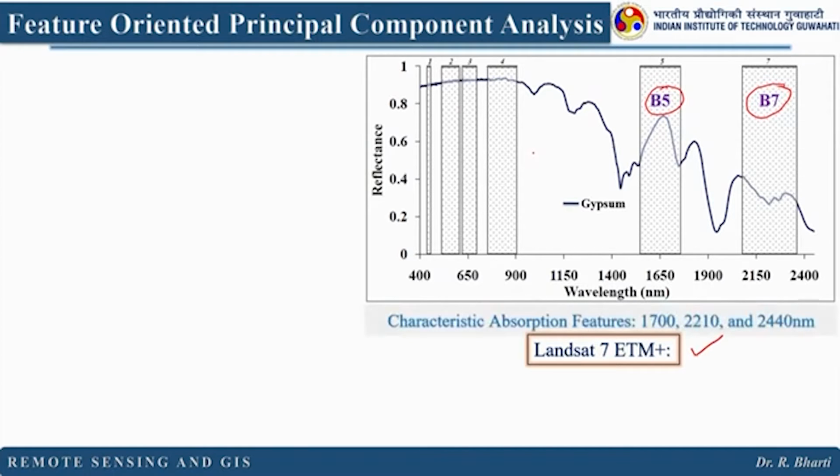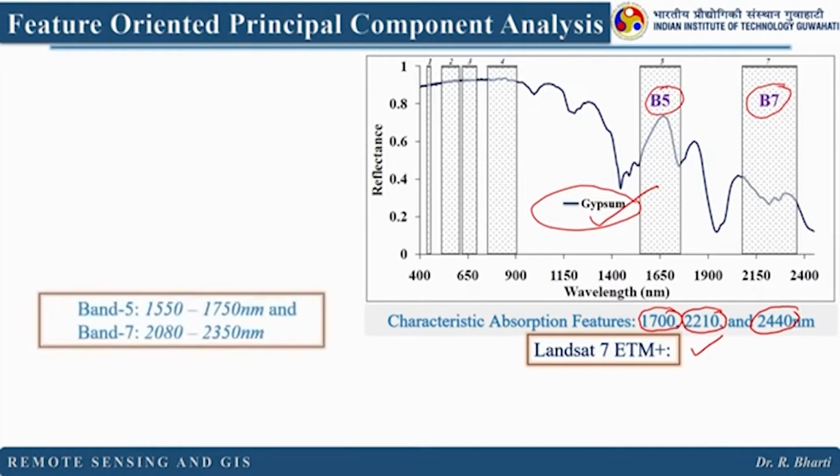Now this is the case of gypsum. For gypsum, characteristic absorption features are located at 1700 nanometer, 2210 nanometer, then 2440 nanometer. Here we use principal component analysis to highlight our target based on the loadings, or the weightage, of the individual bands.